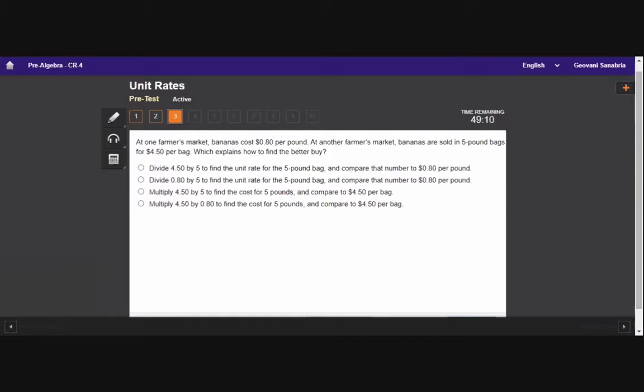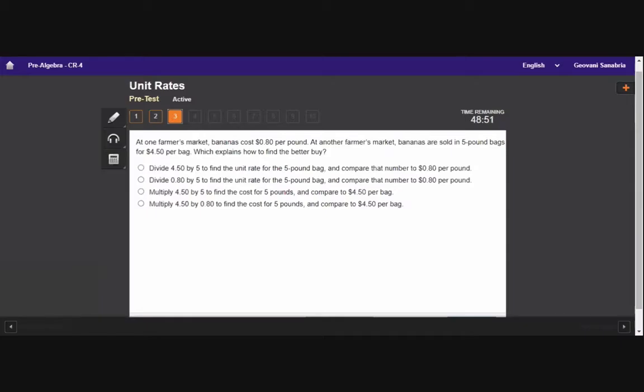I think that's the answer. You're not going to multiply. I guess you can do the bottom one, but divide it.